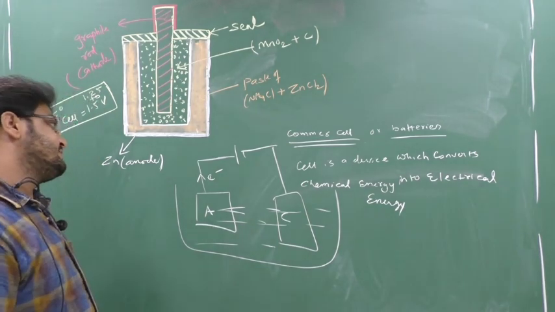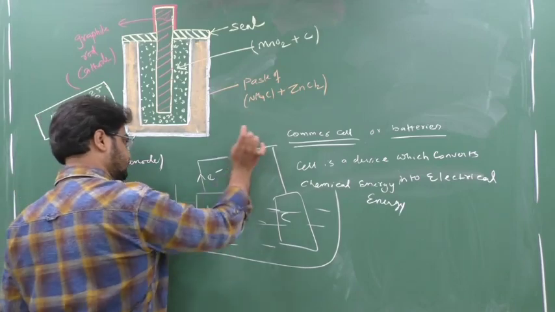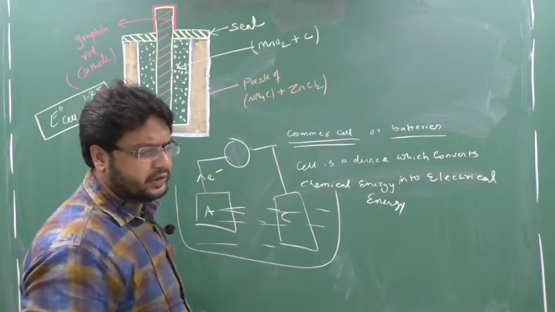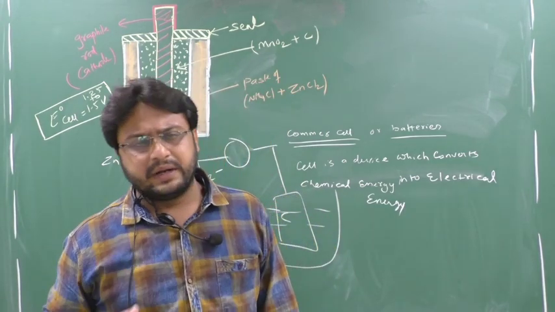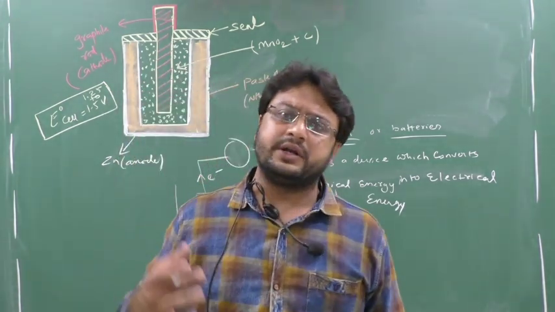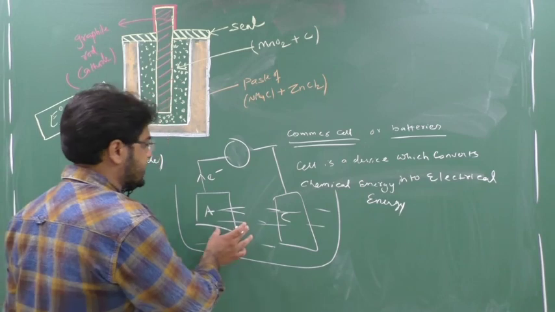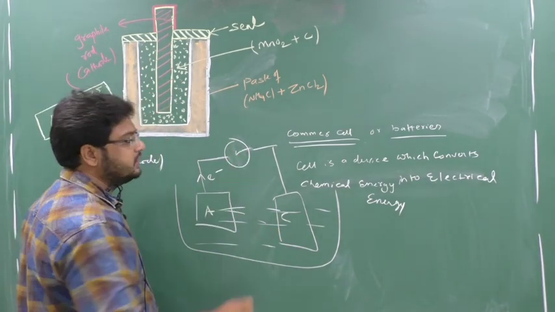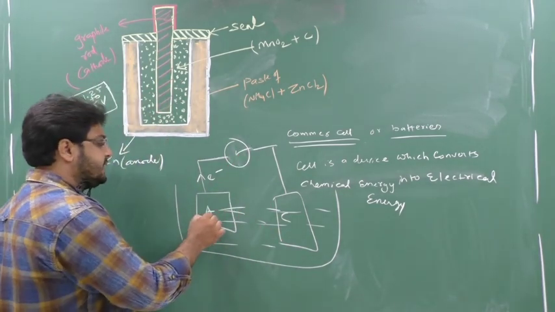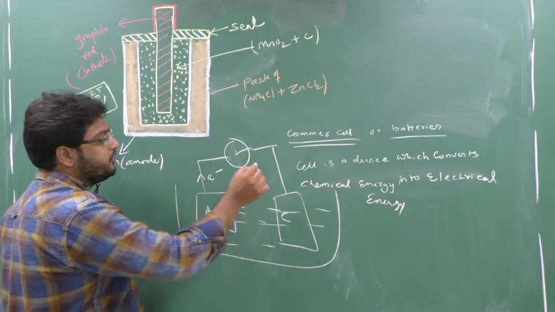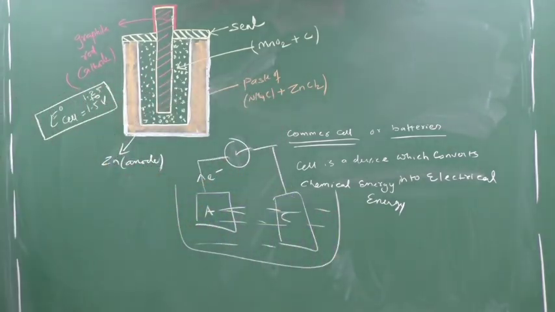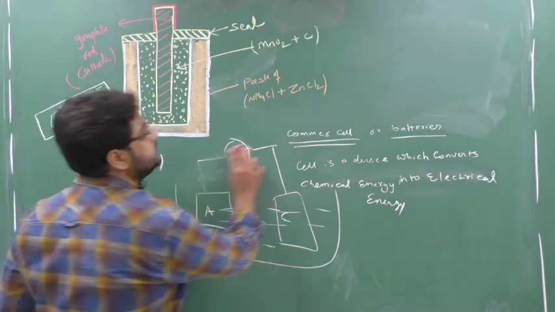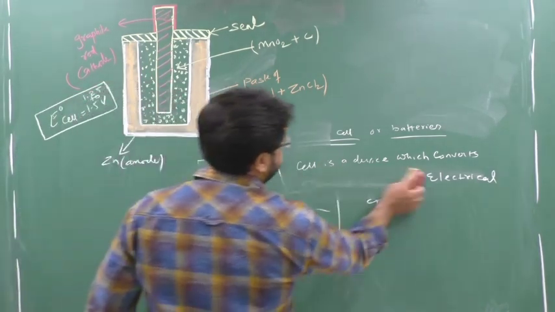If I put any load, it can be a bulb, TV, refrigerator, camera or television, anything, between this anode and cathode, it starts to work, because the electrons get transferred from anode to cathode, and this free flow of electrons itself we say is electricity. So here we are going to study in detail certain devices in commercial cells and batteries.